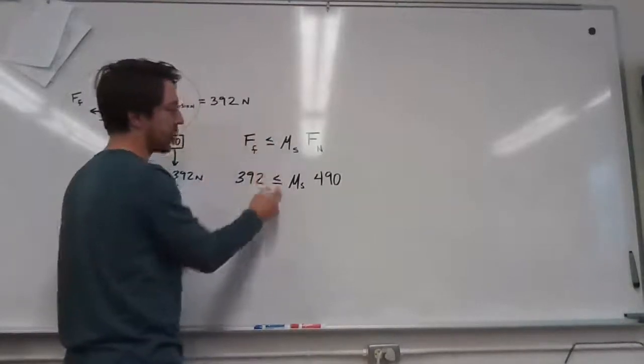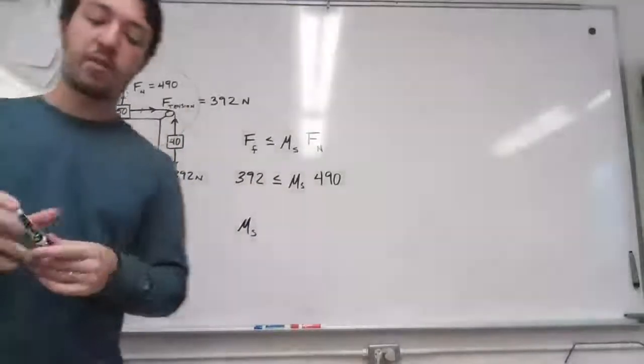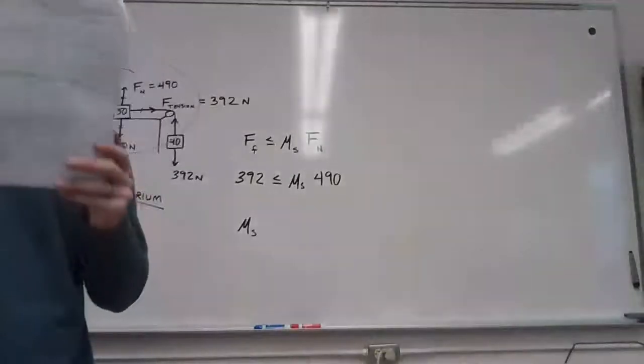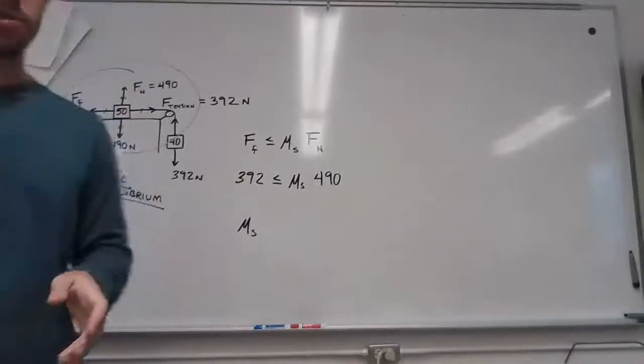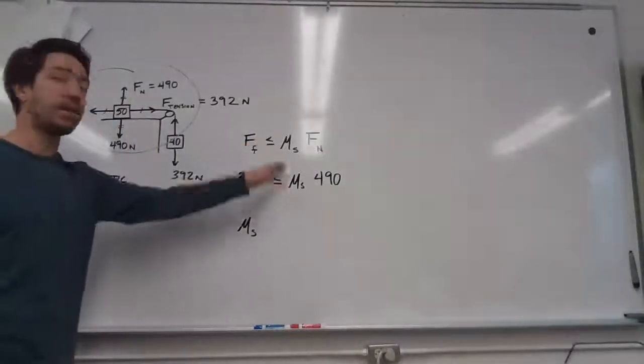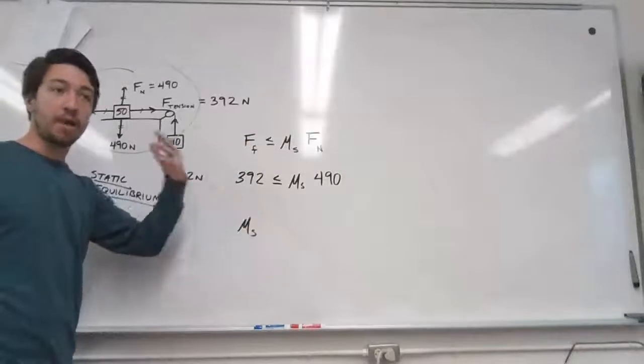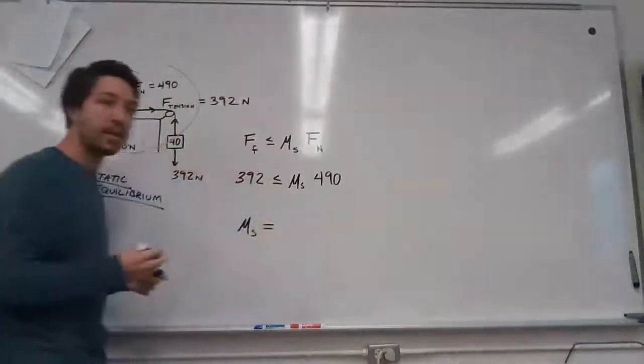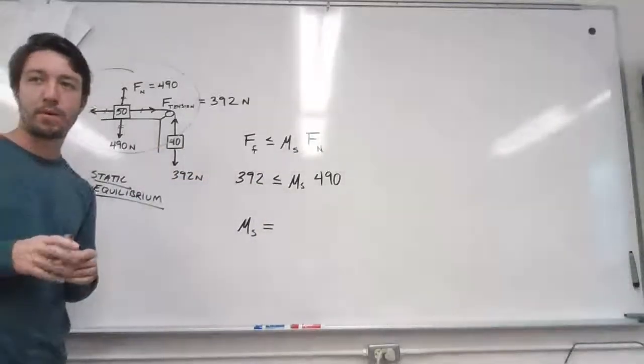Now here's where the inequality is a little funny. If you read the question, it says the bucket can hold a max of 40 kilograms. So this means we are actually maxing out our friction. So when I solve this, I can actually make it an equality. Does that make sense why that maximum is important?